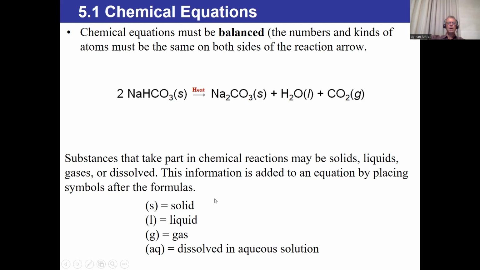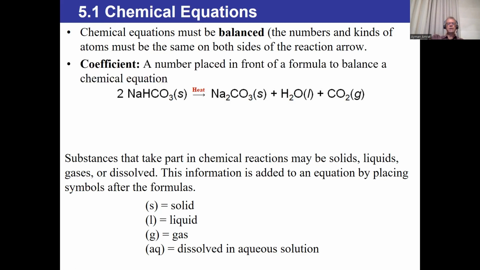These substances that take part in chemical reactions may be solids, liquids, gases, or dissolved. This information is added to an equation by placing the symbols S for solid, L for liquid, G for gas, AQ for dissolved in aqueous solution.